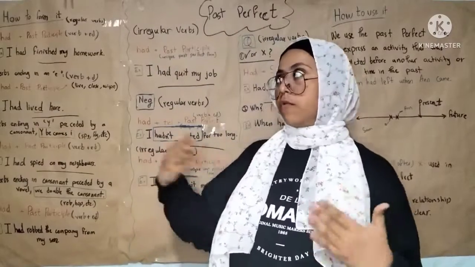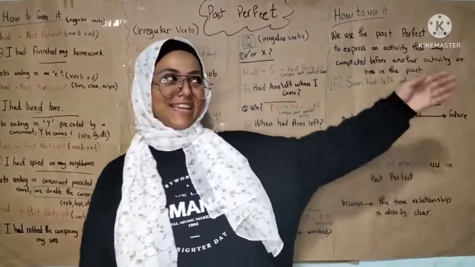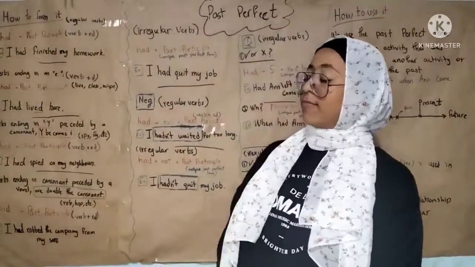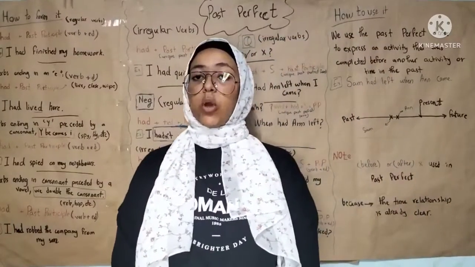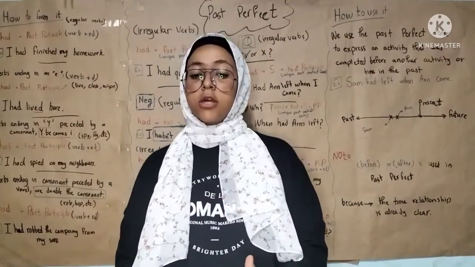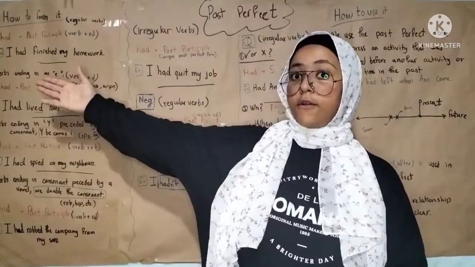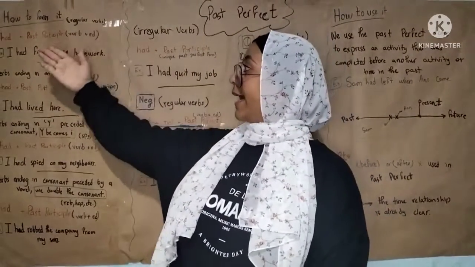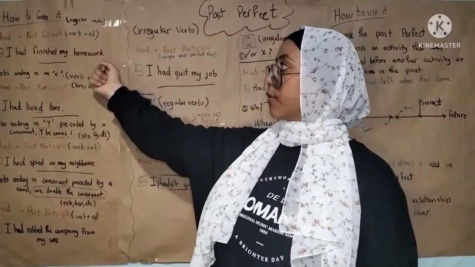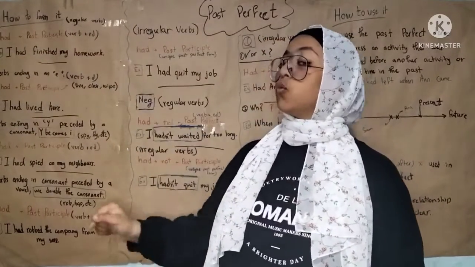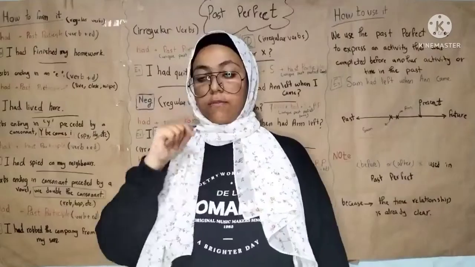So let's move on to the form and then the uses. Okay, so in English we have two types of verbs, regular verbs and irregular verbs. So with the regular verbs now, had plus past participle, verb plus ed to form the past participle.